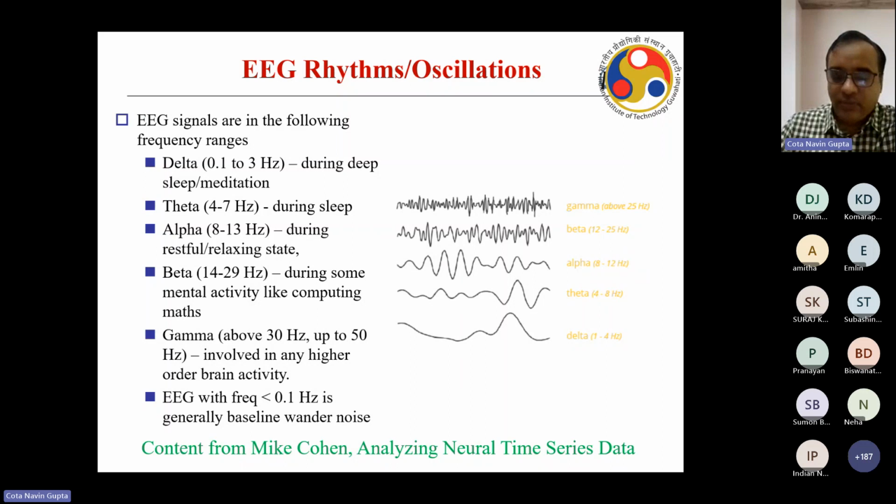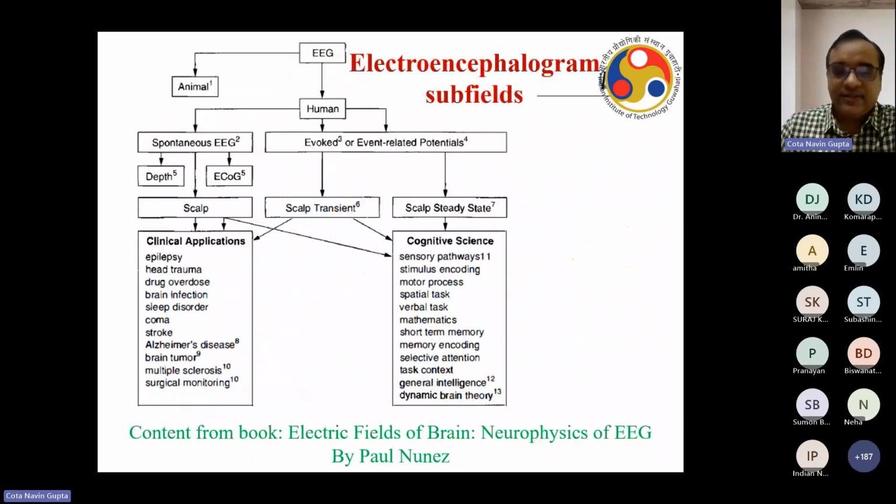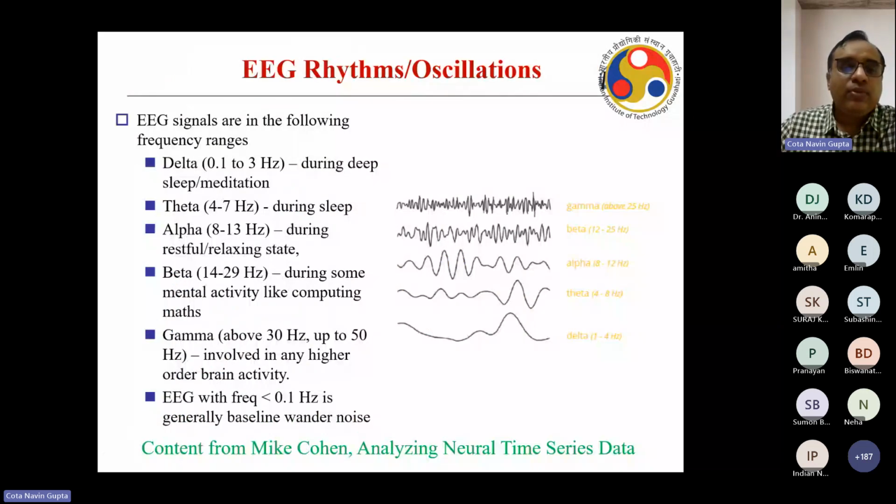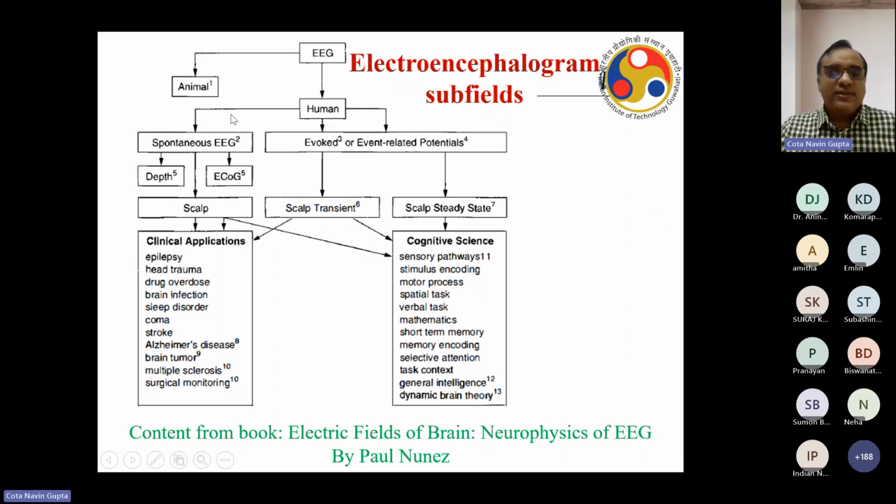This is the main reason for recording brain signals. If, let's say, Mr. X or Miss Y has epilepsy, then the frequency ranges are going to be different, and the amplitudes of the waveforms obtained in the time domain are also going to be different. This is from a healthy person's viewpoint; these are the features or parameters of the electroencephalogram for a healthy person. But it's not always the case.